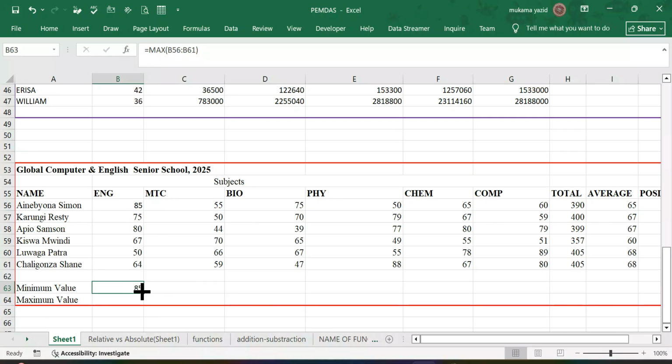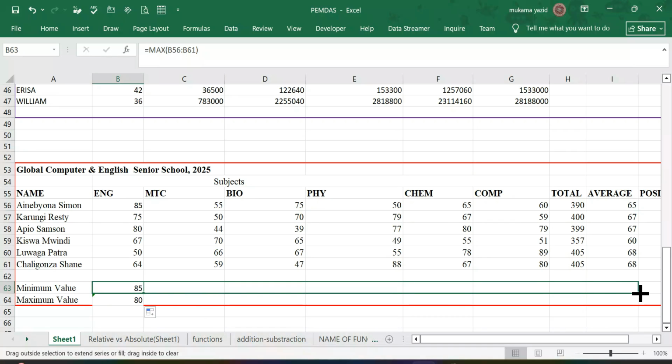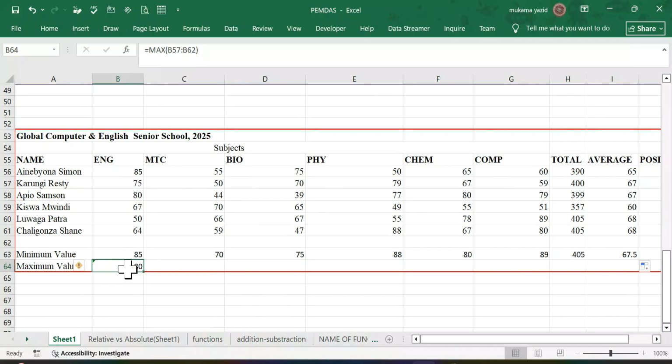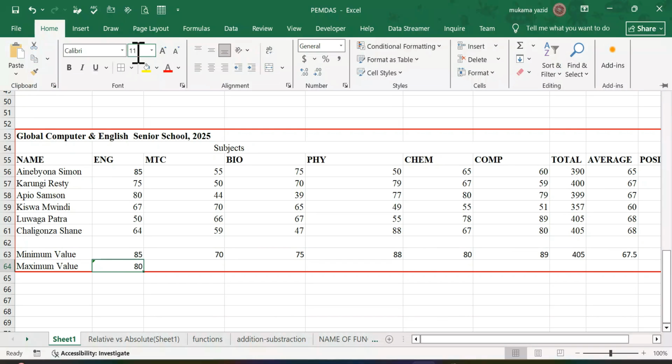Then I autofill. No, it's not like that. I autofill this way. Yes, I think that can work.